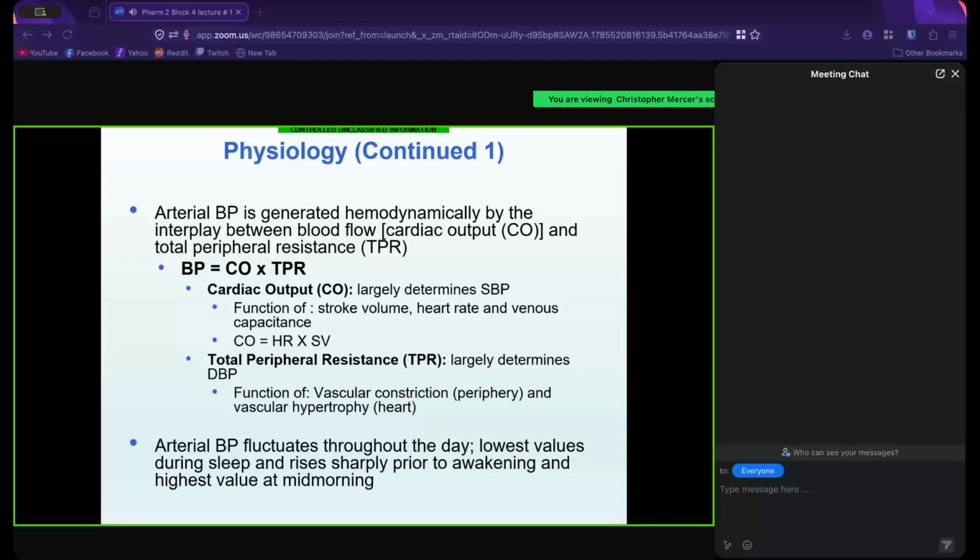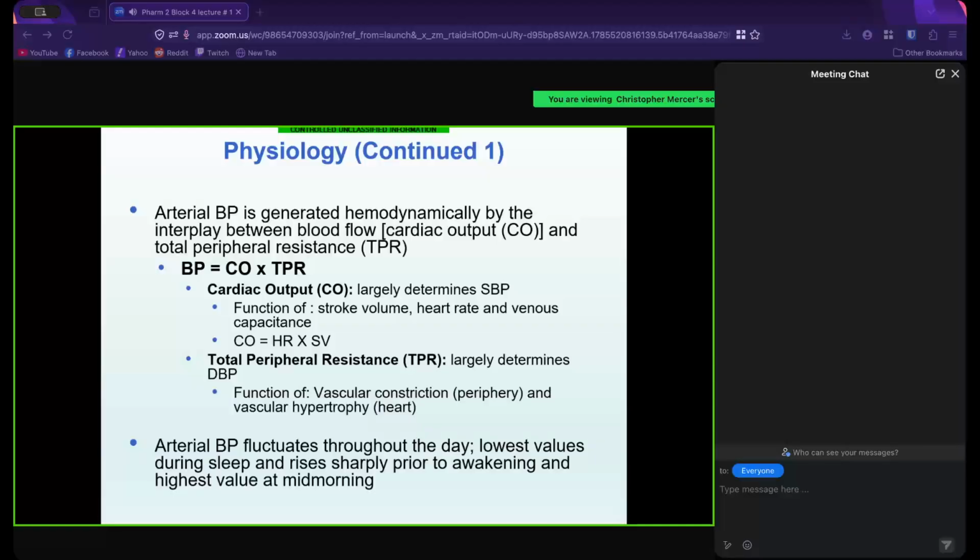If you get stuck on an exam, you need to think, what are we trying to do here, or what does this medication do? Is it going to be affecting the cardiac output, or the vessels and the total peripheral resistance?